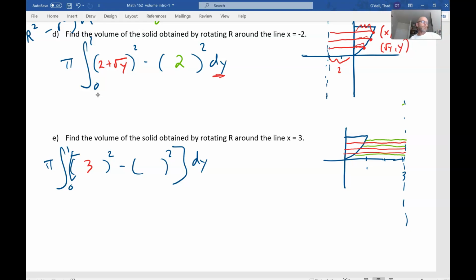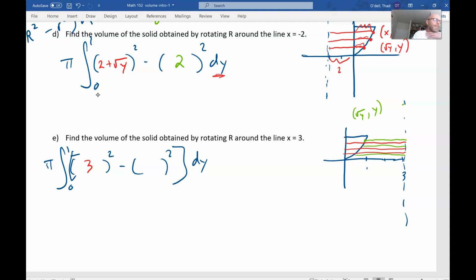Now this one's a little bit troublesome, because if I look at that point right there, like we've been doing, that point is in terms of y, so I'm just going to use that one. This would be the square root of y comma y. So the y-coordinate is y, and the x-coordinate is the square root of y. In other words, the horizontal distance, the distance from the y-axis, is square root of y. The distance from the x-axis is y.